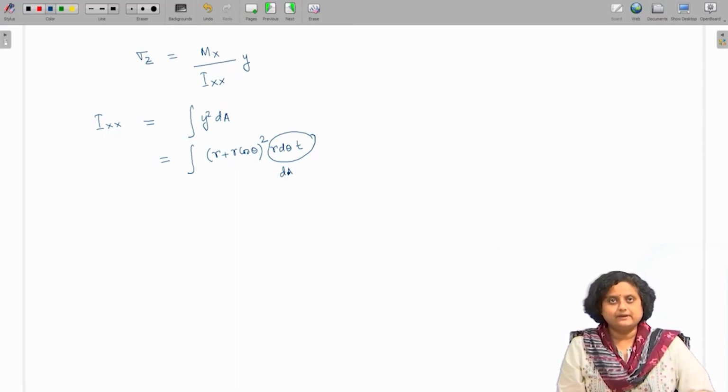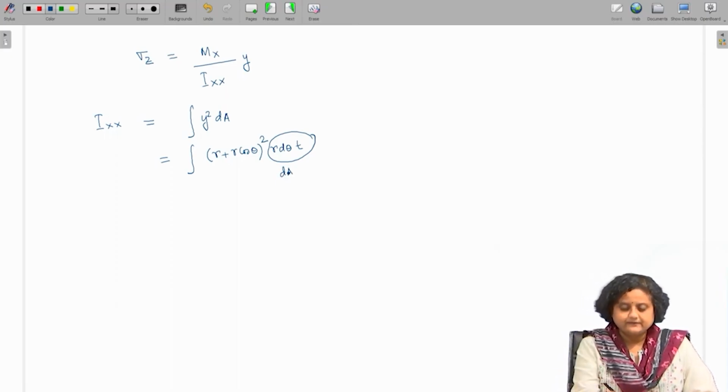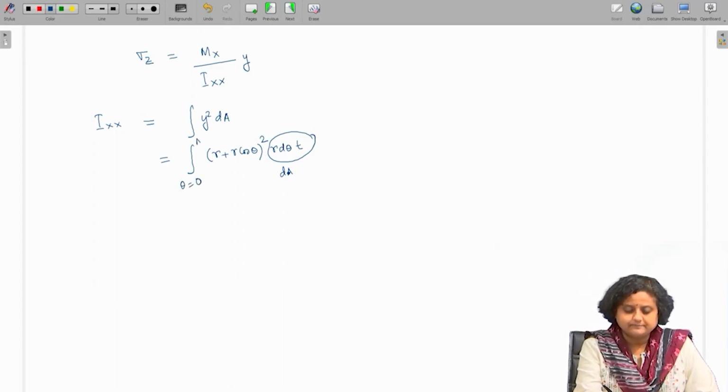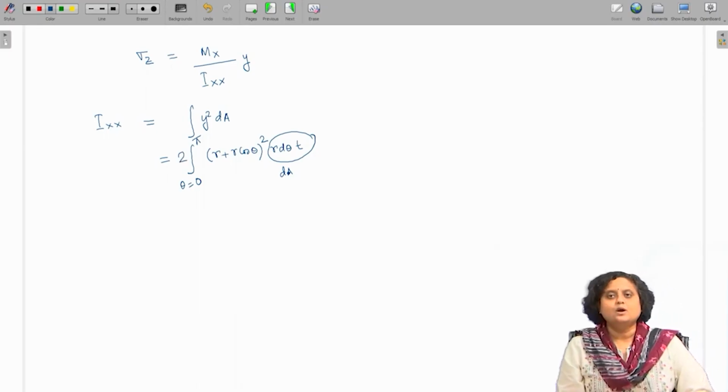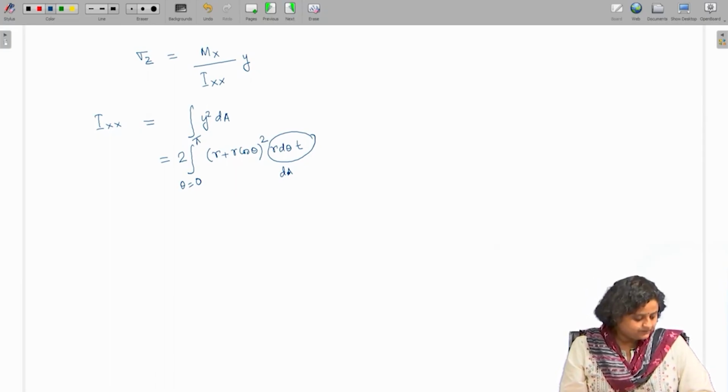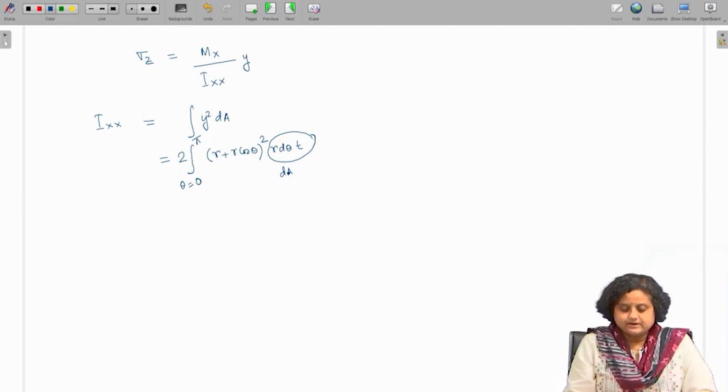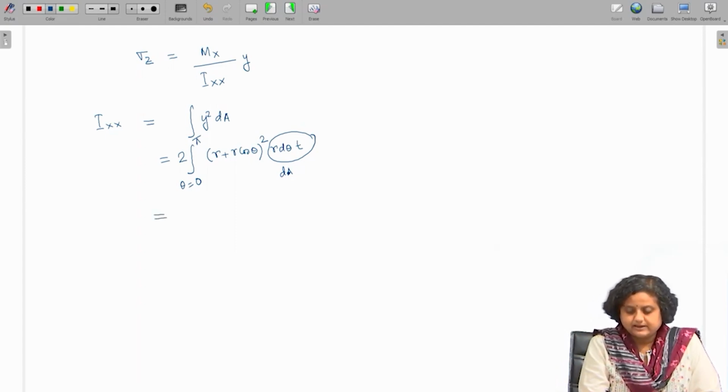Now that we have written the expression in terms of theta, theta is going to vary from 0 to pi, and then I have to multiply by a factor 2 to consider the symmetric portion in the bottom side of the x axis. So, if this is the integral that we are trying to find out, this can actually be written as 2 r cube into t.